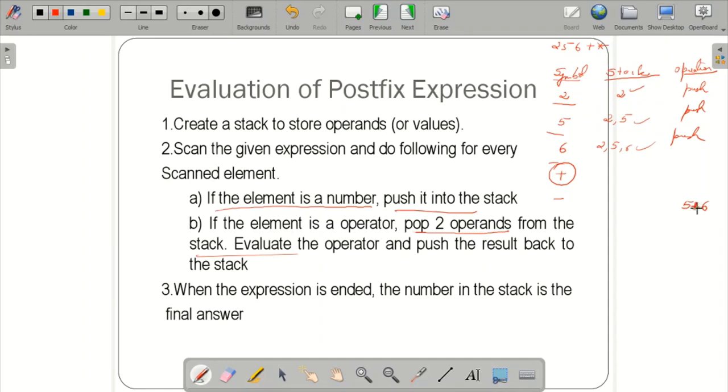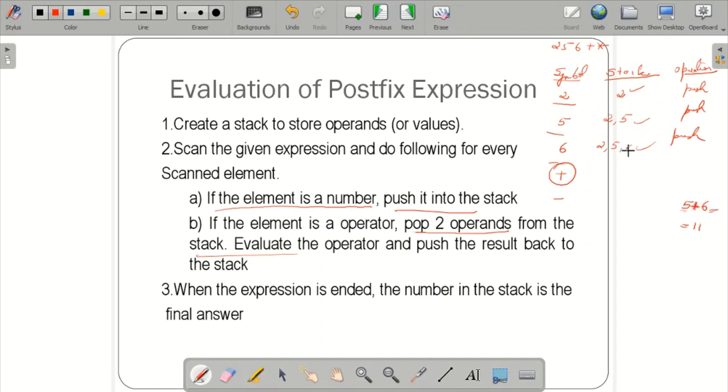What is 5 plus 6? It is 11. It should be written in this way itself, because if subtraction comes, whatever the stack top is you write on the right, the next one on the left, and in between you place the operator.